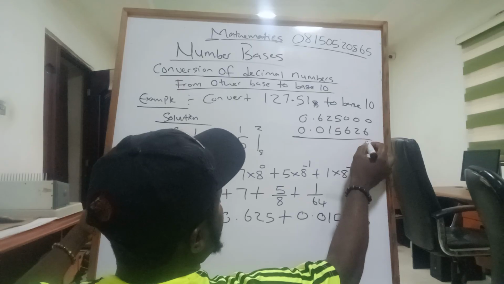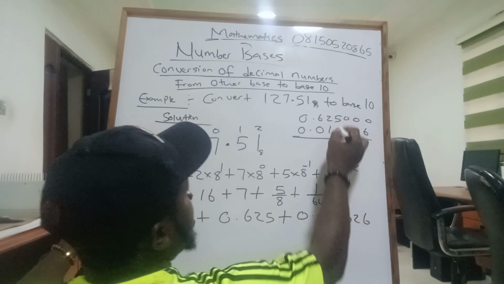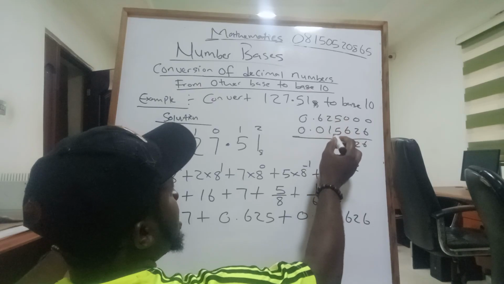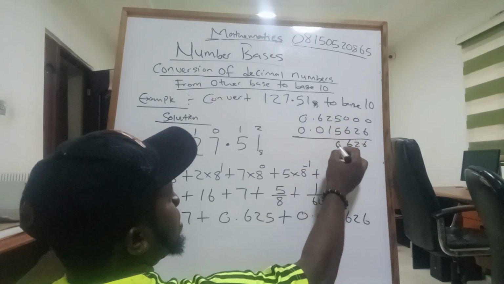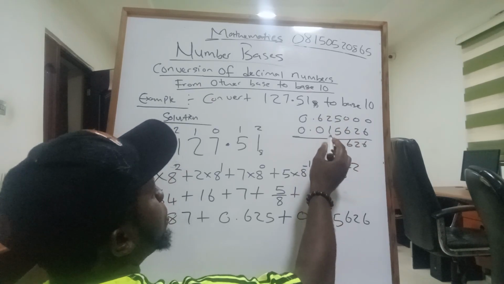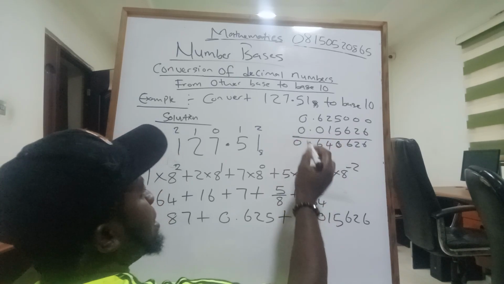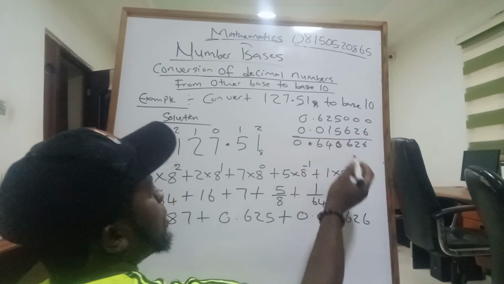So this will give us 626. This is 0, 3, 4. This 2, 3. Then when you add 1, that will give us 4. Then you have 6. That's 64 something.